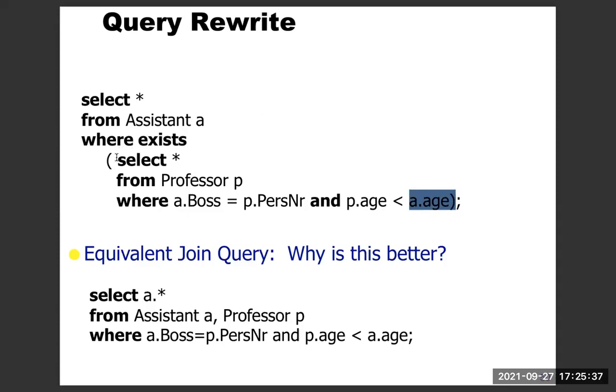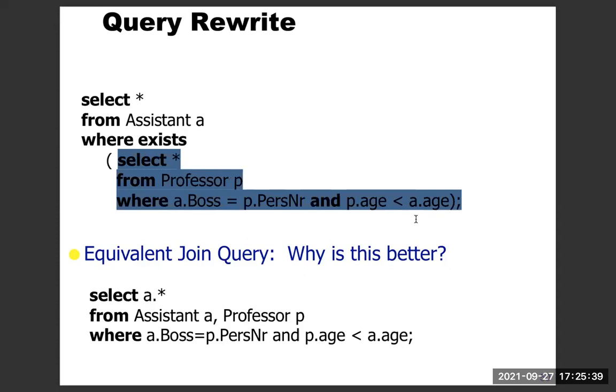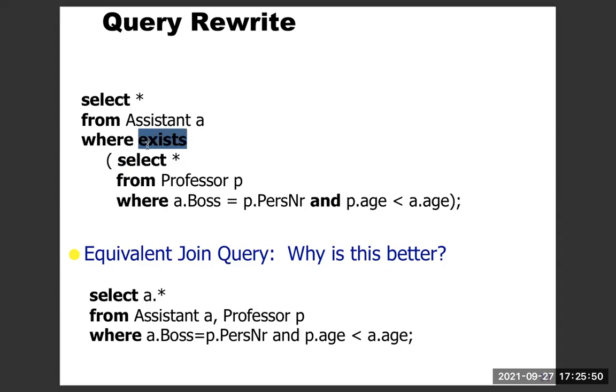And if I can find a professor who is younger than his assistant, then exists returns true, as at least a single record is here, and the assistant goes to the answer. The equivalent query in joins is the same.